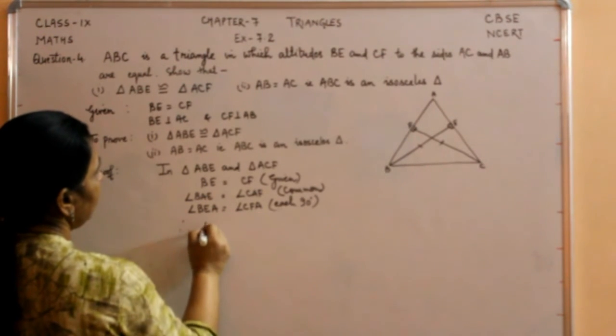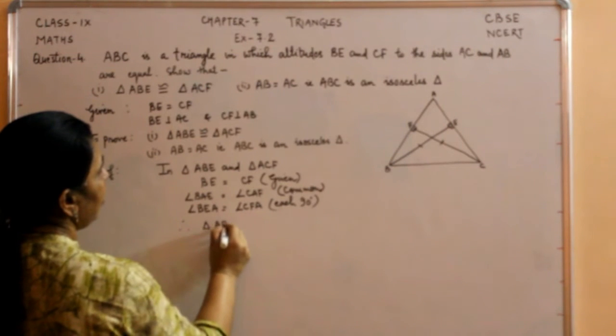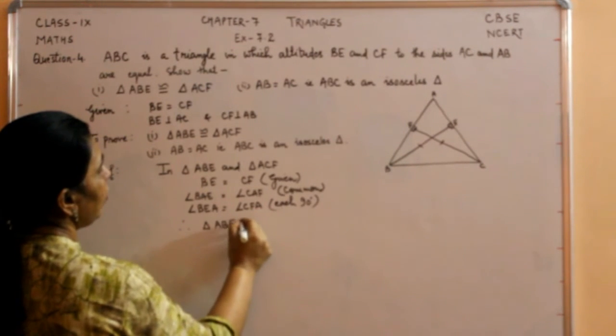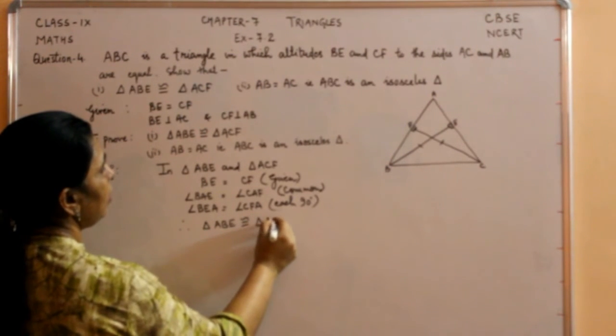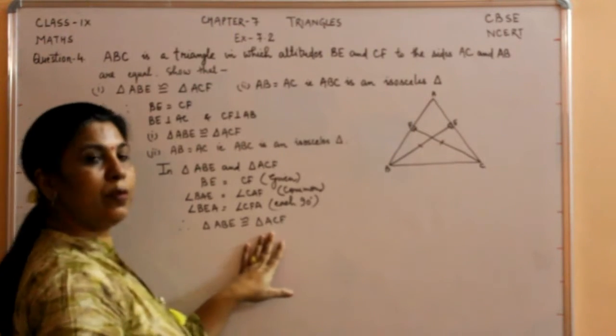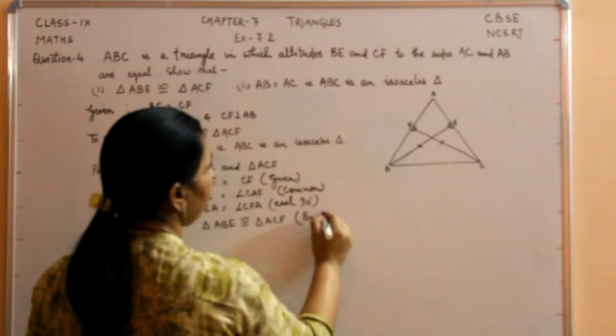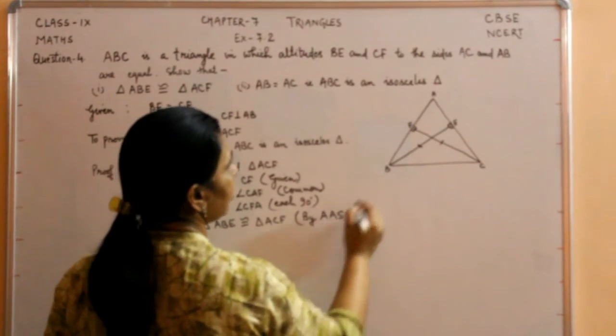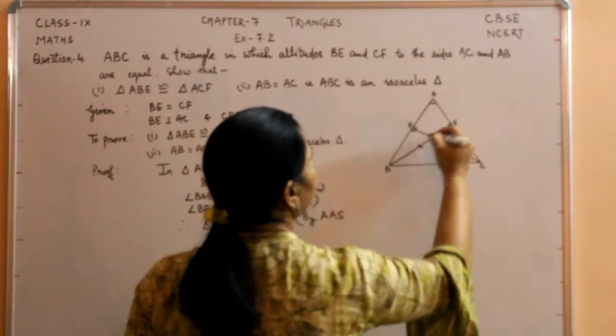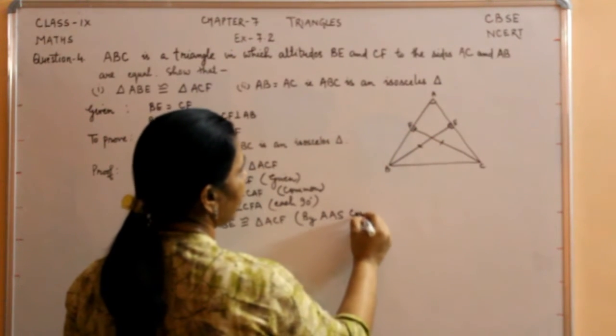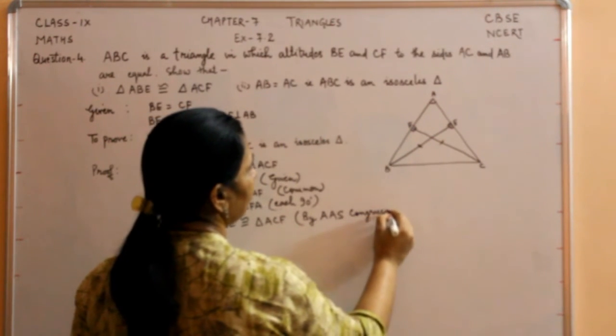So therefore, triangle ABE is congruent to triangle ACF. Both triangles are proved congruent by the AAS, angle side, congruency rule.